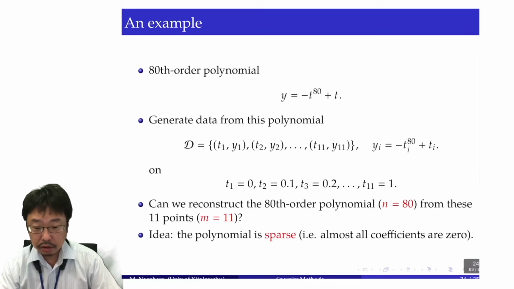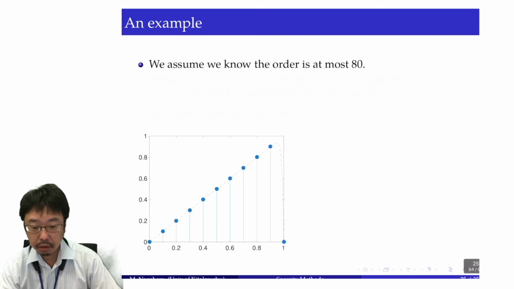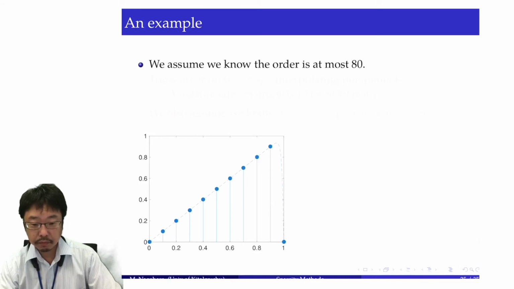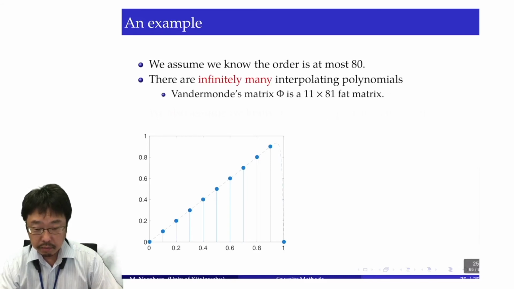The idea is to assume that the polynomial is sparse. That is, we assume that almost all coefficients are 0. We assume we know the order is at most 80 here. There are infinitely many interpolating polynomials, as I said, since the Vandermonde matrix phi is a 11 times 81 fat matrix.